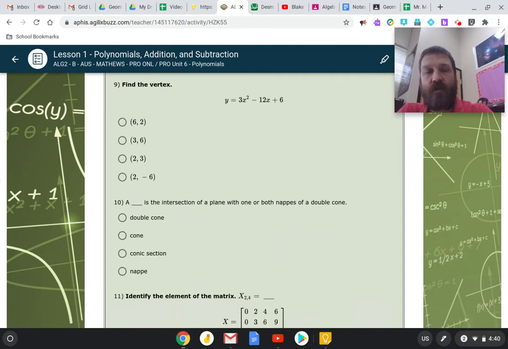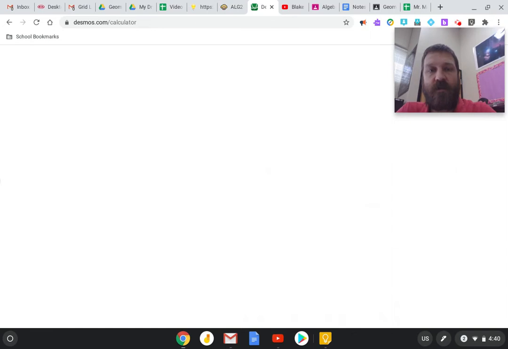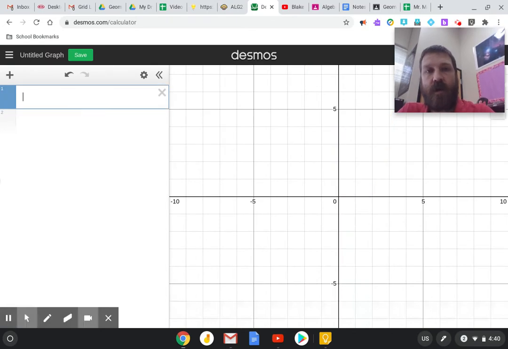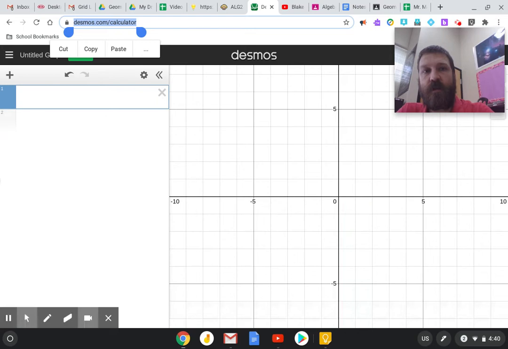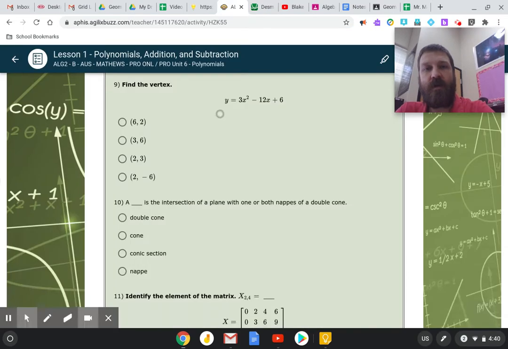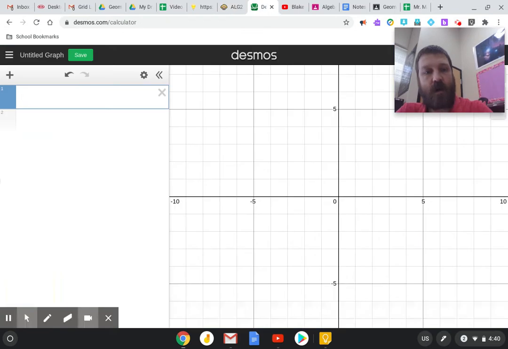So with number 9, find the vertex. I'll put a link in the video description. I would recommend using the Desmos graphing calculator. You can see the address right there, but I'll put it in the video description. So what you want to do is put this expression into the Desmos calculator. So let's do it.